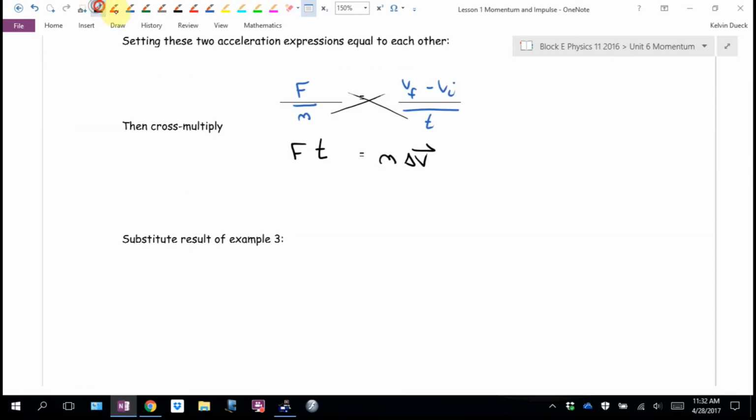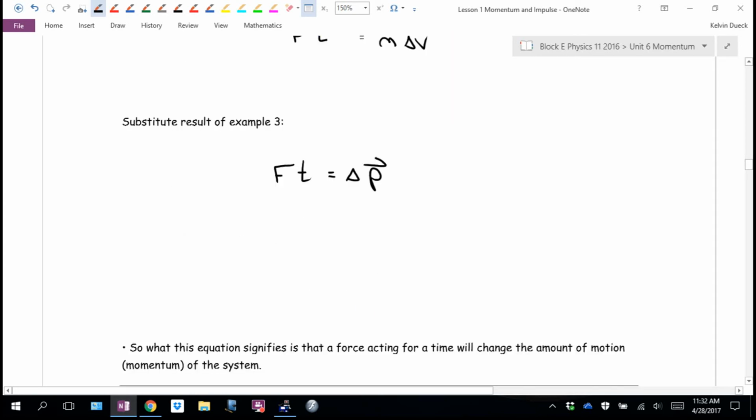So, we get force times time equals impulse, change in momentum. And in fact, we get a 3-in-1 equation. First of all, here's what it's saying. On a basic level, if you want to change an object's momentum, if you want to make it speed up or slow down, if you want to change how much motion it has, the only way to do it is to push on it for some amount of time.